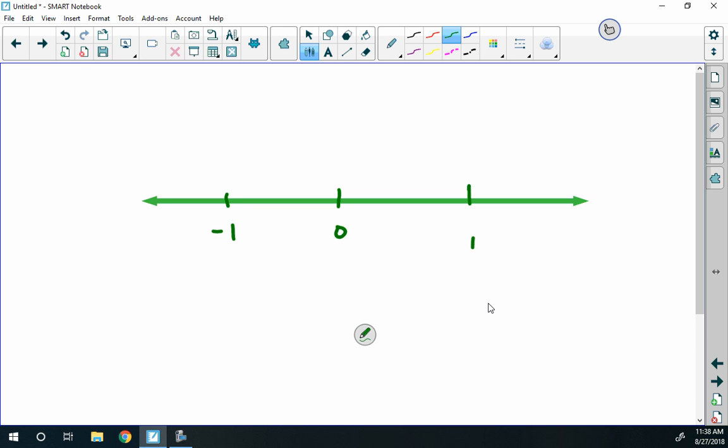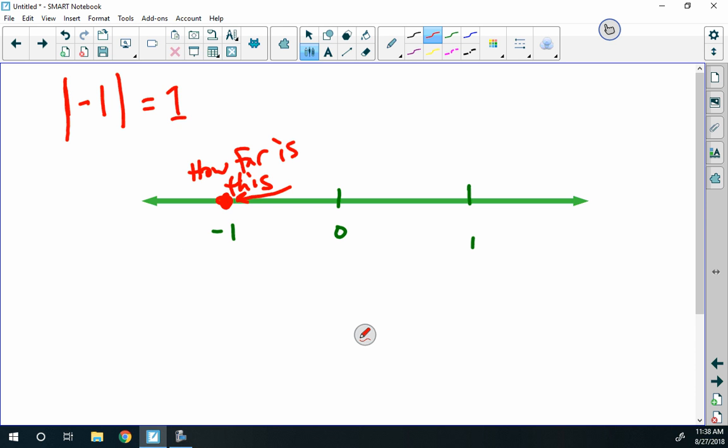So here's what happens. When we say the absolute value of -1 equals 1, what represents that is this illustration. How far is this from there?